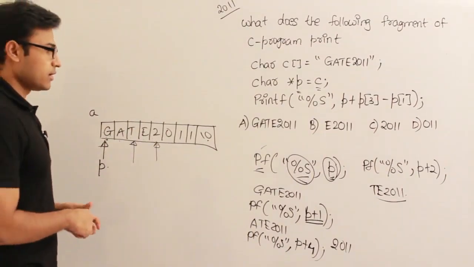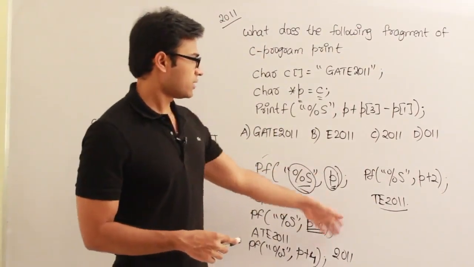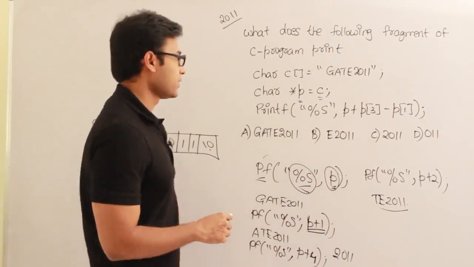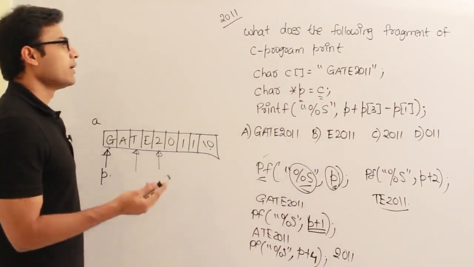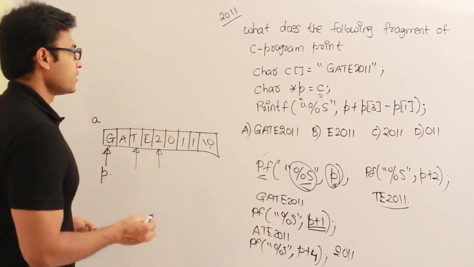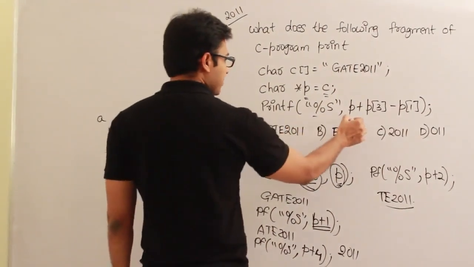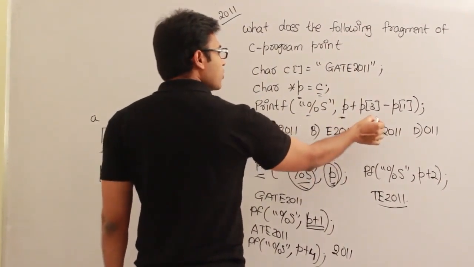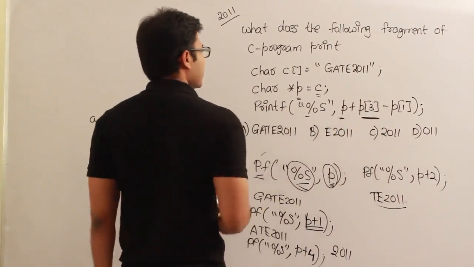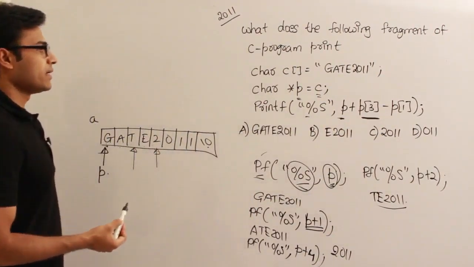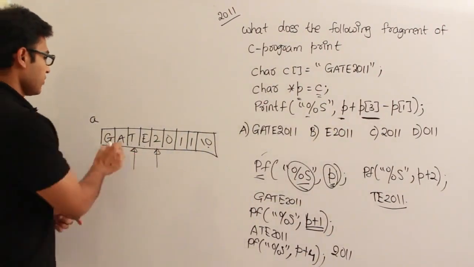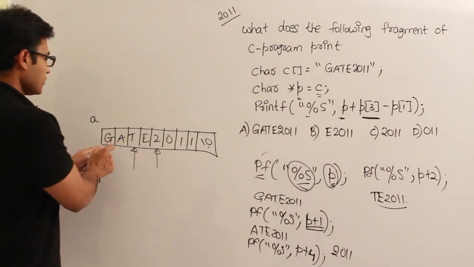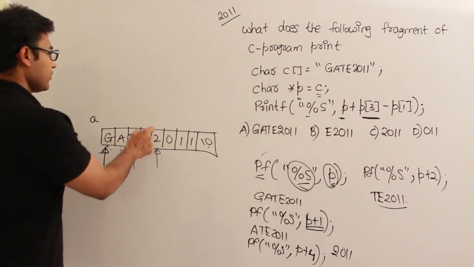Whenever we write p plus 1, p plus 2, this is all the pointer arithmetic which you already know about. Okay, now let's see what is being printed here. Here printf p, which means to the base, we are going to add p of 3. Even though this is a character array, p of 3 means 0 1 2 3, p of 3 means e.